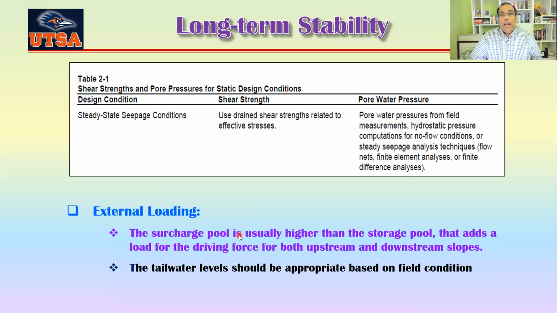But here, when you open that spillway and you have more water here, the water will go very fast through the spillway, okay? That creates a velocity head. It's v squared by 2g, right? So that's why the external loading at storage level would usually be a little higher than the storage level, okay?